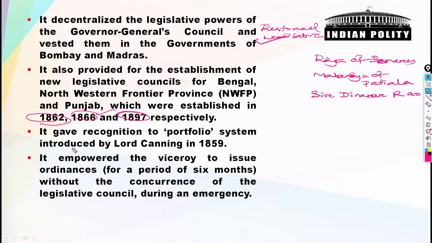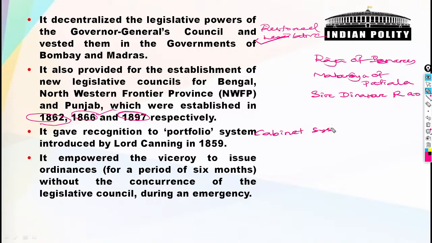Another thing is that it gave recognition to the portfolio system. That means it introduced the system for the Indian Executive Council to function as a cabinet.